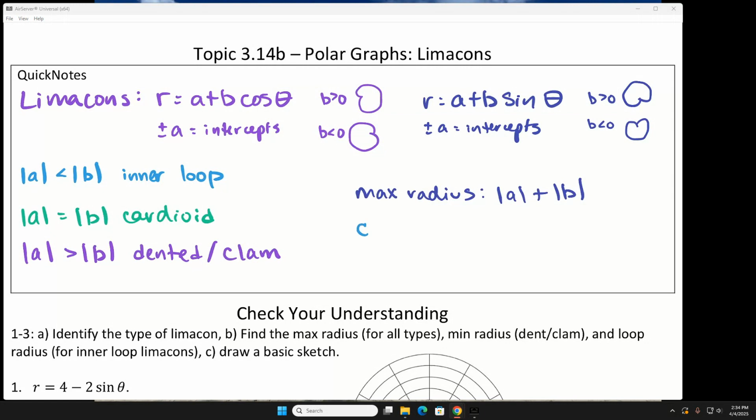All right, and then the clam has a minimum radius, and the inner loop has a loop radius. And both of those are found by the absolute value of a minus the absolute value of b.